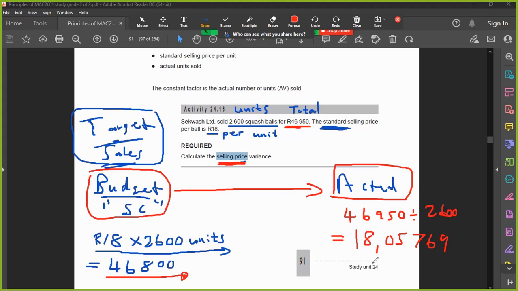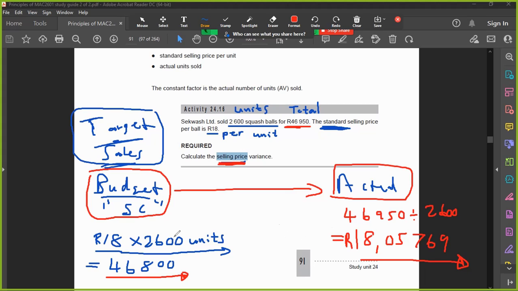What does that represent? Tell me what that means. We sold it for 5 cents more per ball than what we wanted to. Basically correct. Good.